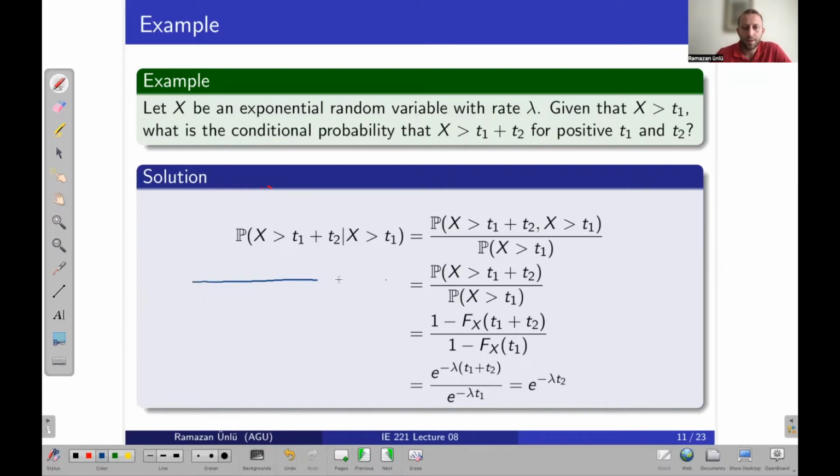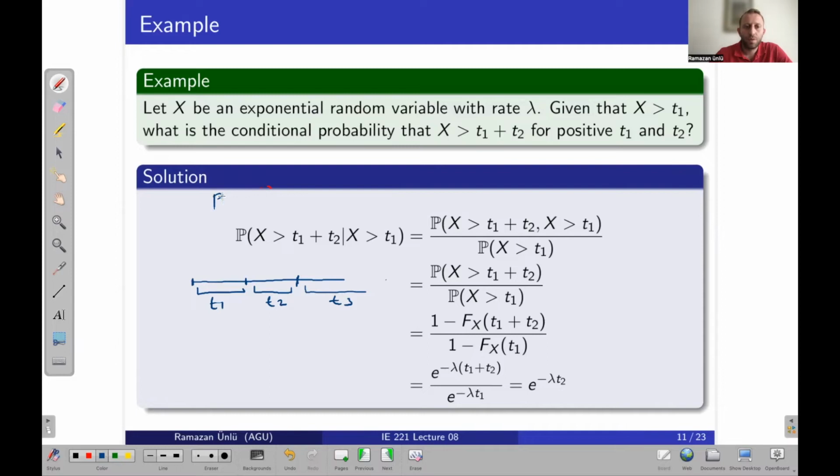Let's say that is my interval, and it can go until infinity, and we will start from 0. This part is T1, this one is T2, and this part, from this point to infinity, let's say that is T3.